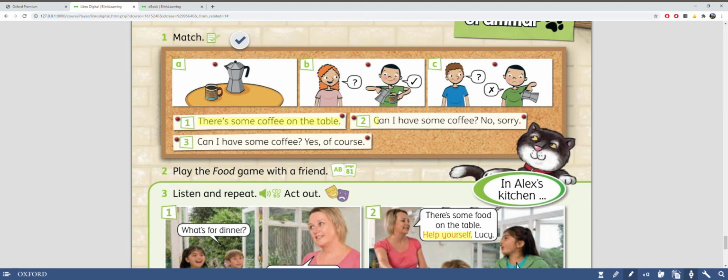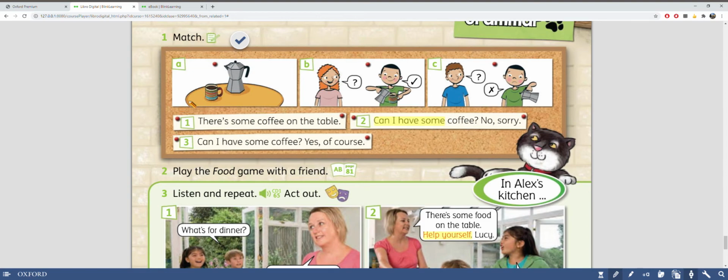En el caso de preguntar por comida o por bebida, usamos can I have some. So there's some, en un caso será para ofrecer, porque hay, changos. Y en el otro caso vamos a utilizar can I have some. Okay?